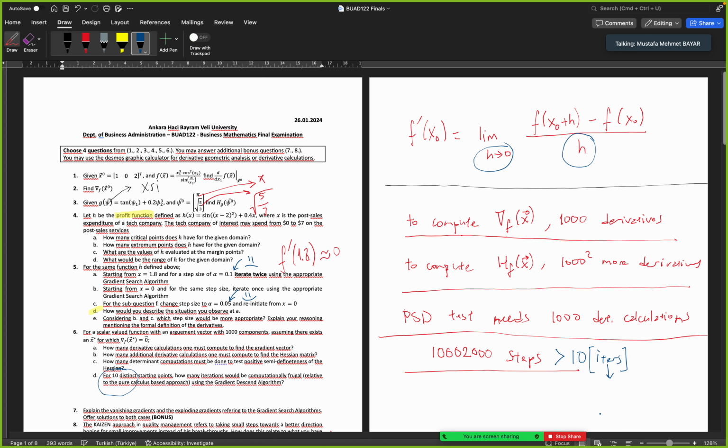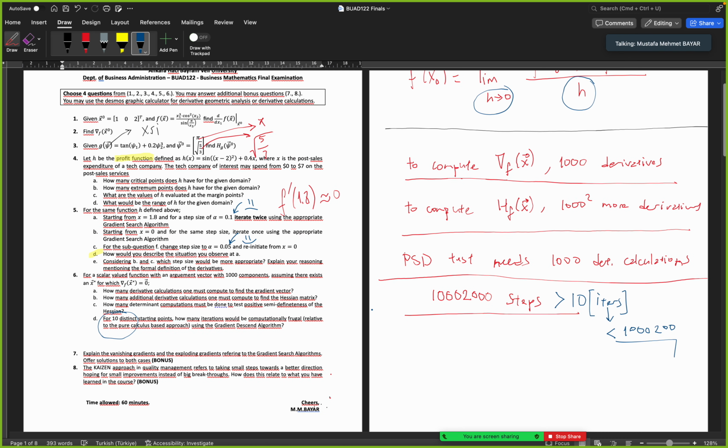So the number of iterations should be less than 100,200, and that's it. This is your answer to the sixth question.